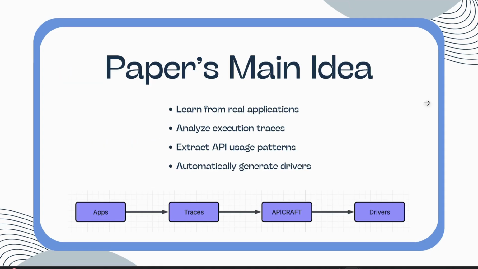The main idea behind APICraft is to learn how a library works by observing how real applications use it during execution. Instead of analyzing source code, APICraft records execution traces of applications that interact with the target SDK.